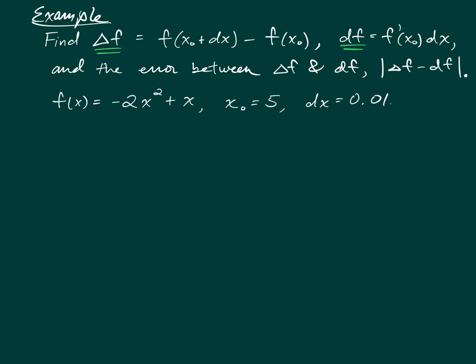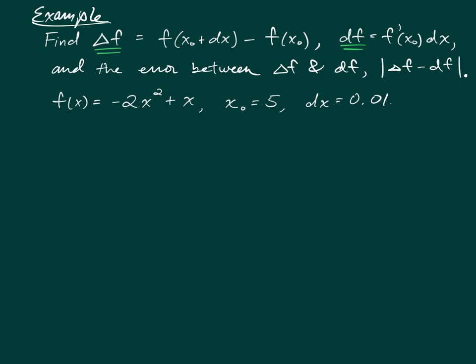Then you are asked to find the differential df, which is similar to finding the differential dy, by finding the derivative at a particular x value and then multiplying it by dx, which is given, you can see, and the error between these two, which is given as the absolute value of delta f minus the differential df.